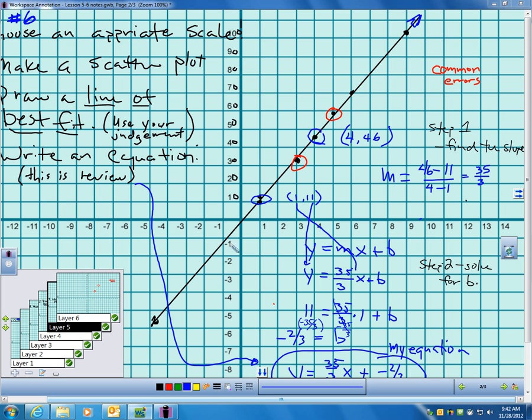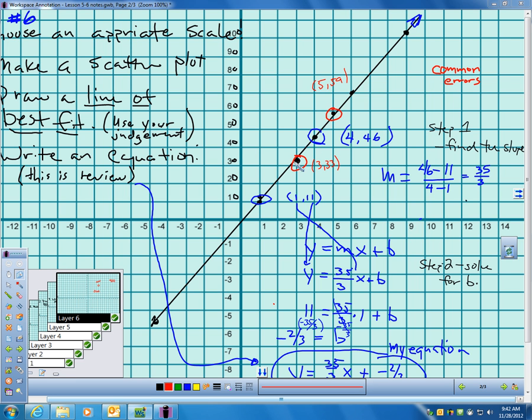They were the points (5, 59) and the point (3, 33). If I use those 2 points to write the equation for my line of best fit, my equation is going to be wrong. So let me show you this on paper.